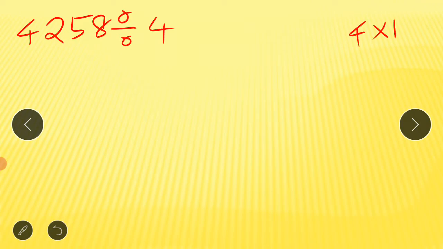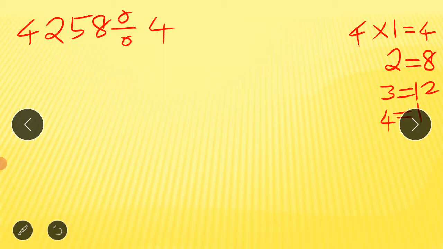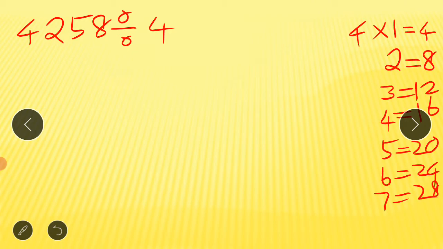Let's learn first using the table. 4 ones are 4, 4 twos are 8, 4 threes are 12, 4 fours are 16, 4 fives are 20, 4 sixes are 24, 4 sevens are 28, 4 eights are 32, 4 nines are 36. Till 9 counts is enough, children.